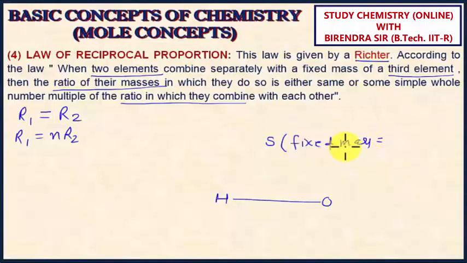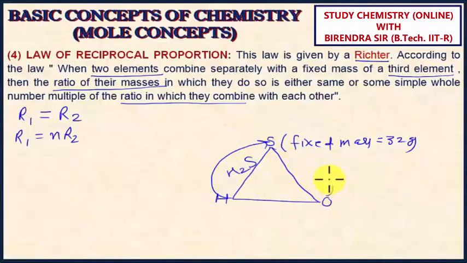You can assume any mass, but for the calculation purpose I am taking 32 gram. Law says hydrogen combines with sulfur separately to form H2S. Oxygen combines with sulfur separately to form SO2.